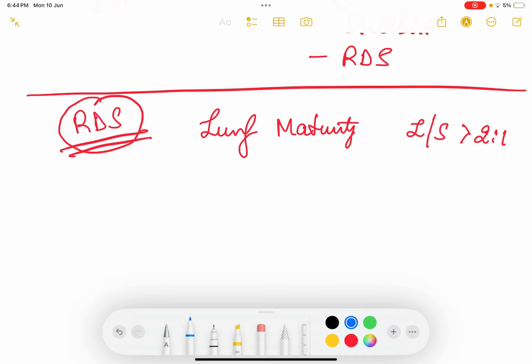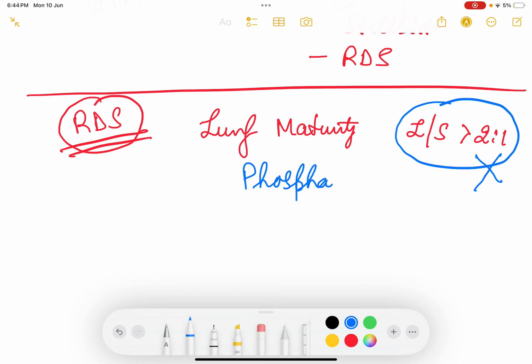But in diabetic mothers, the lecithin to sphingomyelin ratio is not reliable. In diabetes, very important, the reliable marker is phosphatidylglycerol. Phosphatidylglycerol is the marker which is specific for diabetic mothers. So phosphatidylglycerol is confirmatory for diabetic mothers.